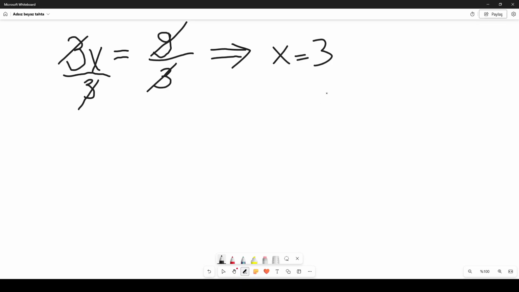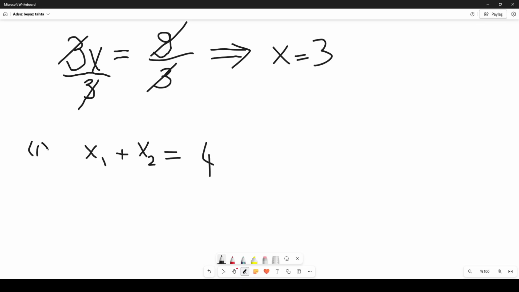Now, let's generalize our idea to a more advanced system of equations. What I mean is that if we have, say, two equations and two unknowns, suppose here's equation 1: x1 plus x2 is equal to 4.